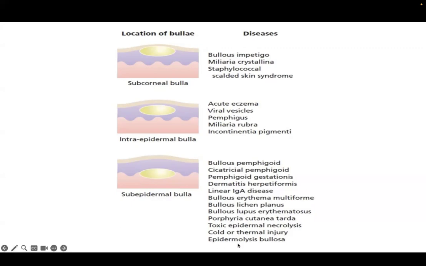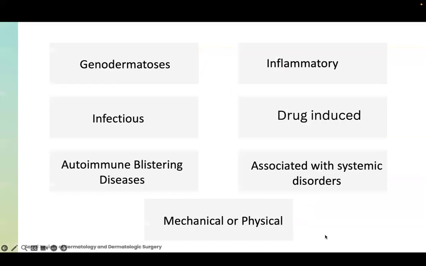And also some of the genodermatosis, epidermolysis bullosa. There are different types, and they occur at different levels of separation. One of them is dystrophic, it's the deep type, and it occurs in the subepidermal level, and it's associated with subepidermal blisters.